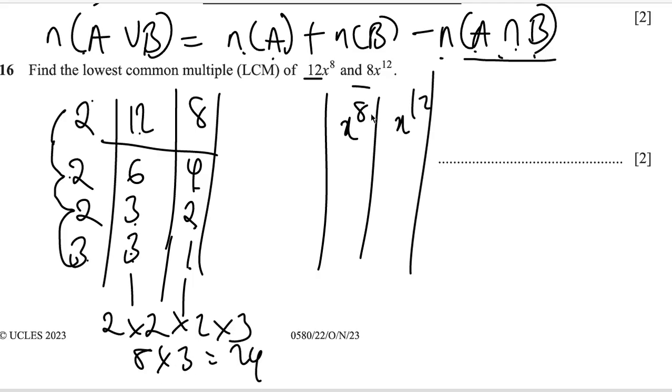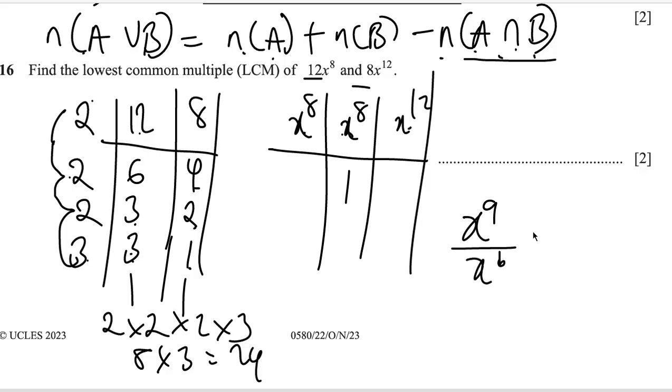And then if we get the LCM of x to the 8 and x to the 12, what's that going to be? The lowest number that could go here is x to the 8, right? So x to the 8 divided by x to the 8 is 1, and then x to the 12 divided by x to the 8 is what? Remember the law of indices that says that x to the a divided by x to the b is equal to x to the a minus b.